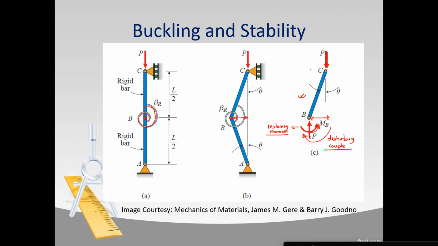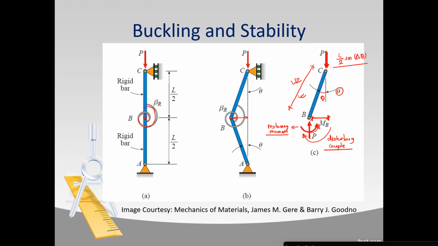Now we know that the length of this bar here is L by 2. So if this angle is delta theta, then this distance is given by L by 2 sine delta theta. This is the horizontal distance of the displacement here.